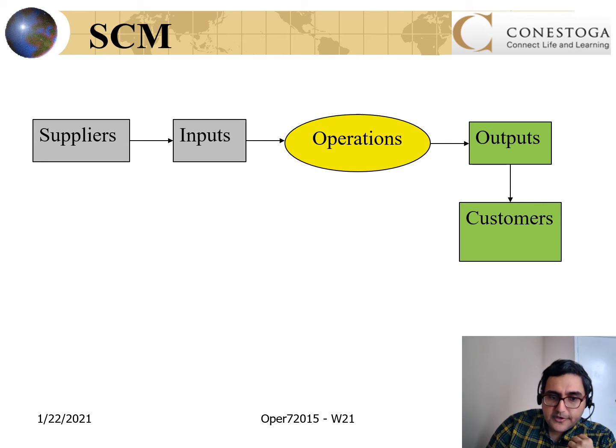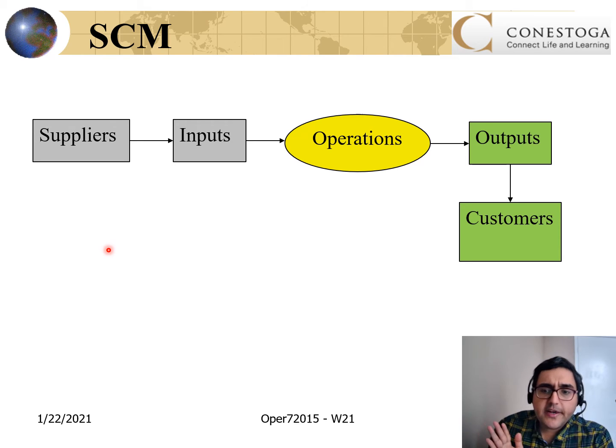So this particular block diagram I have shown in the week 1's lecture as well. This is the block diagram of supply chain management. In supply chain management, we deal with the full set of activities from the suppliers to the final customer. And the operations management, or the operations, is generally restricted to this particular region.